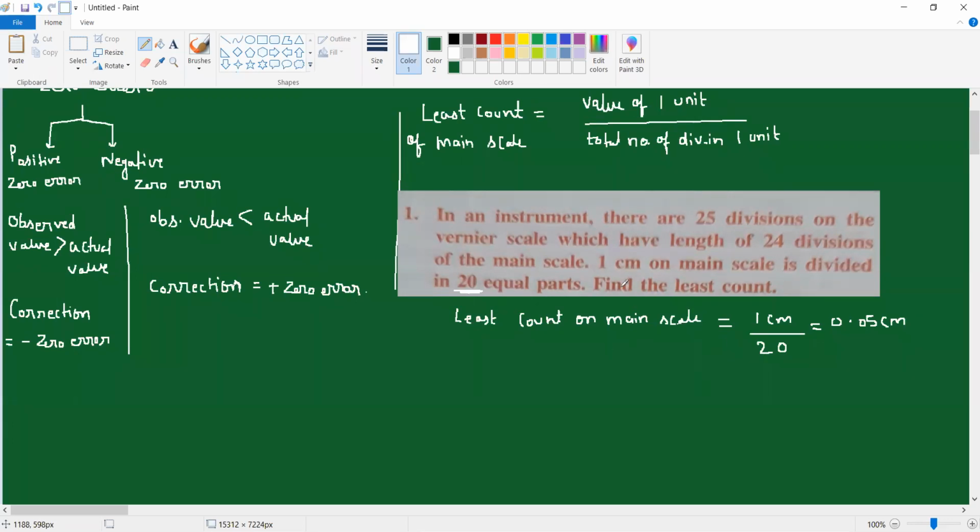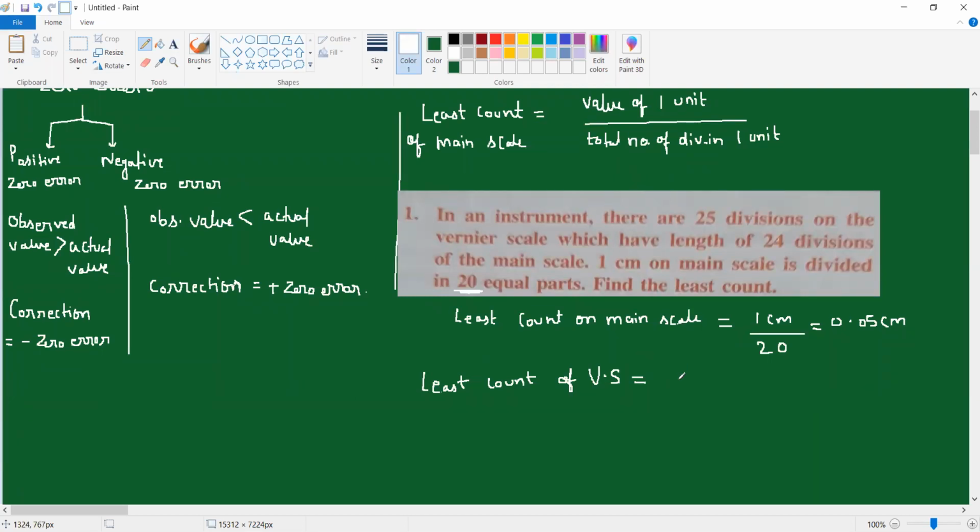How? We will calculate. We have to find the least count, so we will find it. For the least count on the Vernier scale, what formula do we have? The value of one main scale division upon the total number of divisions on the Vernier scale. Correct.